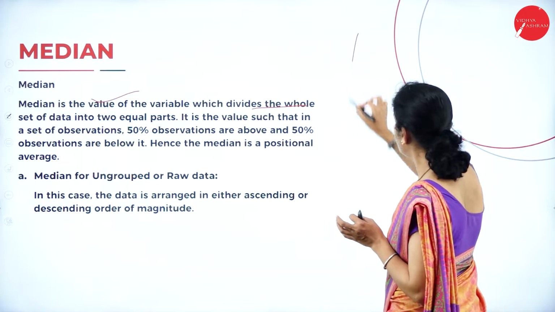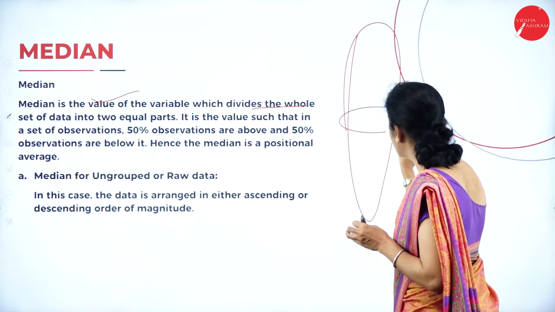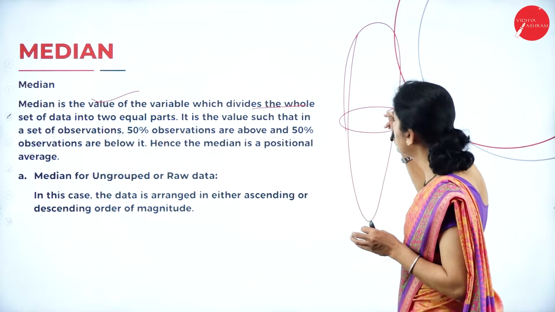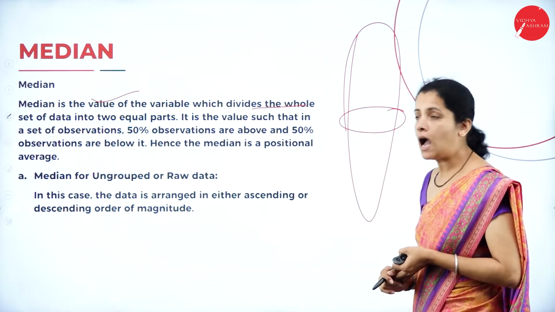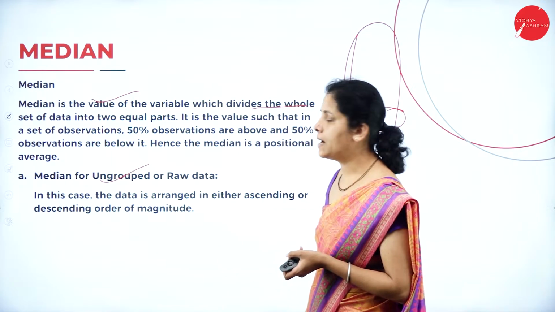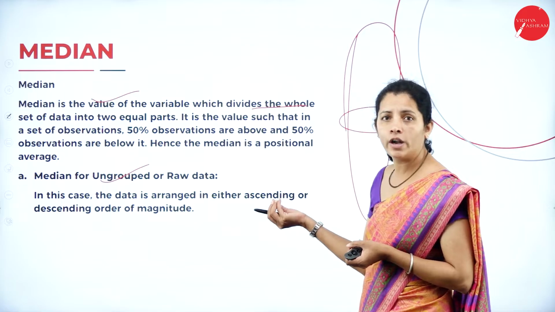Think that I'm going to have a set of variables. In that, what is the midpoint or the central point? That is nothing but the median. Now, median for ungrouped raw data. So, what is ungrouped or raw data?